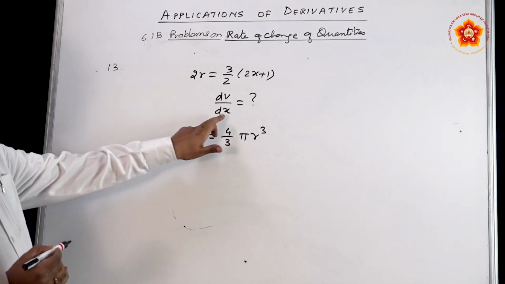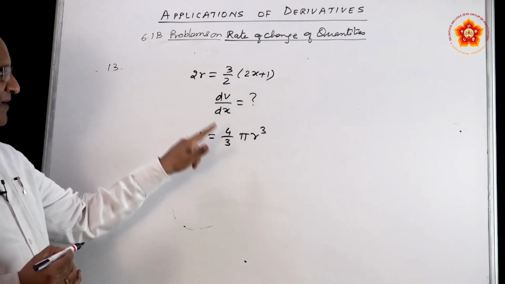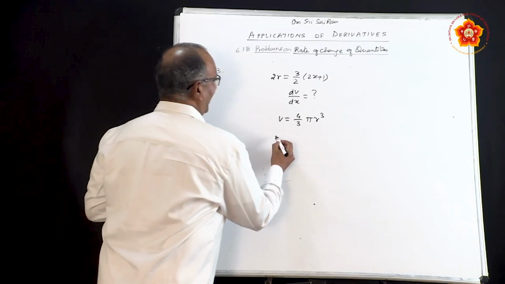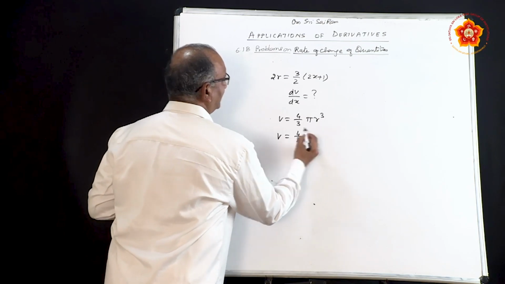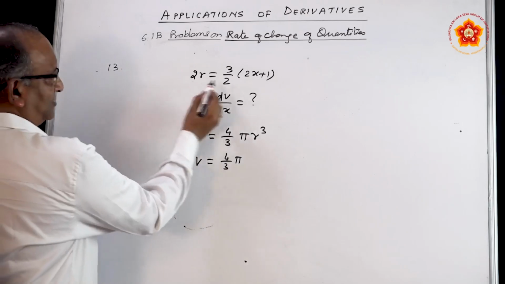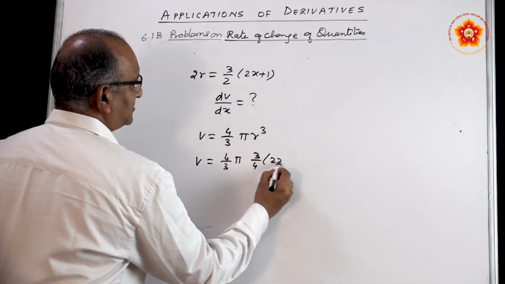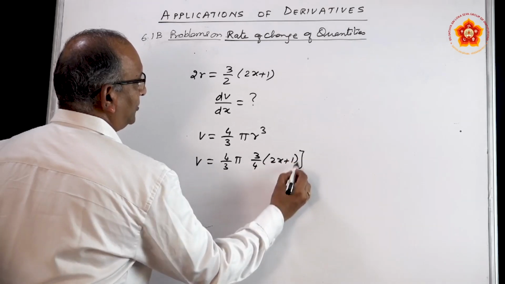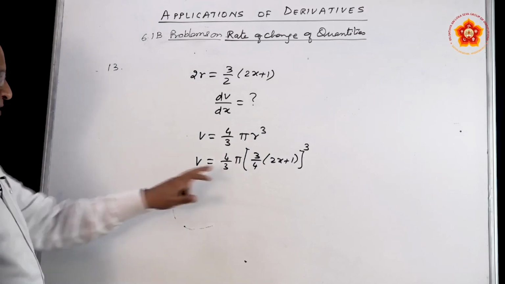Since he is asking with respect to x, substitute the value of r in terms of x in this. So, we have V equal to 4 by 3 pi. In place of r, take this 2 to the other side, it will become 3 by 4 into 2x plus 1, whole thing cubed, because it is r cube.